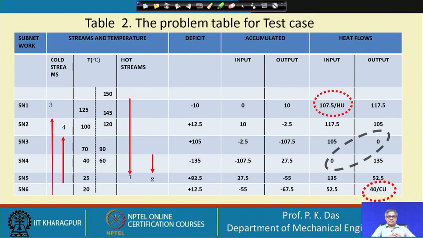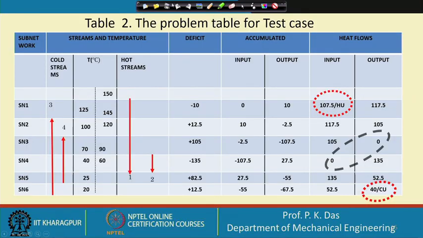Here the heat exchanger network is most efficient, because heat transfer is taking place at the minimum temperature difference. Everywhere else we will have a temperature difference which is more than 20 degree Celsius. Up to this, if you have understood, then probably you have understood half of the problem.